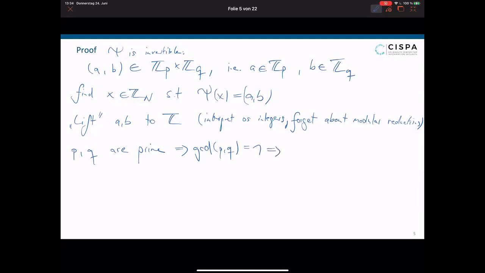And for that, we know we have P times some integer x plus Q times some integer y equals 1. So in other words, x is the inverse of P modulo Q and y is the inverse of Q modulo P. So x is P inverse mod Q, and y is Q inverse mod P.